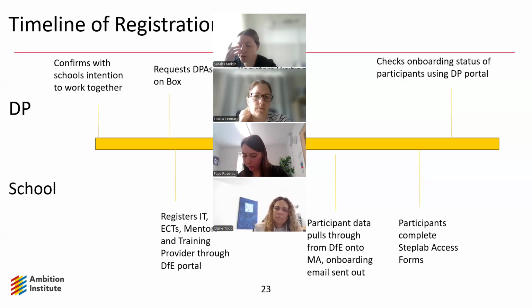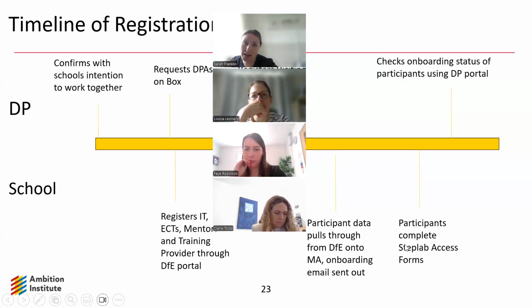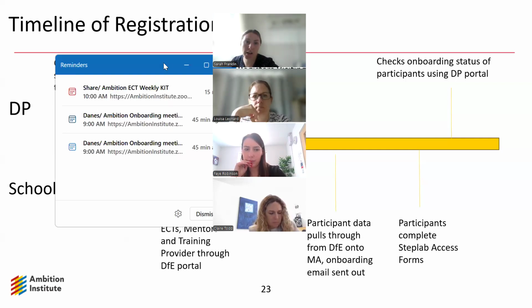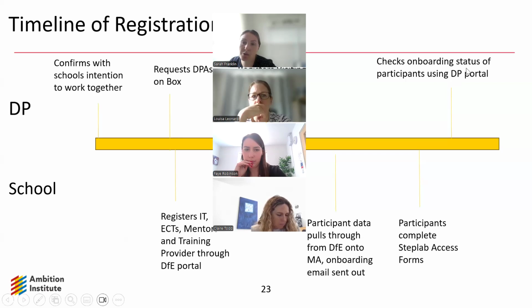That StepLab access form just asks them a few details, and it then gives them access to StepLab, where they'll get all of their learning. You'll then be able to check the status of participants on our platform, to check that everybody's registered and they're on there.